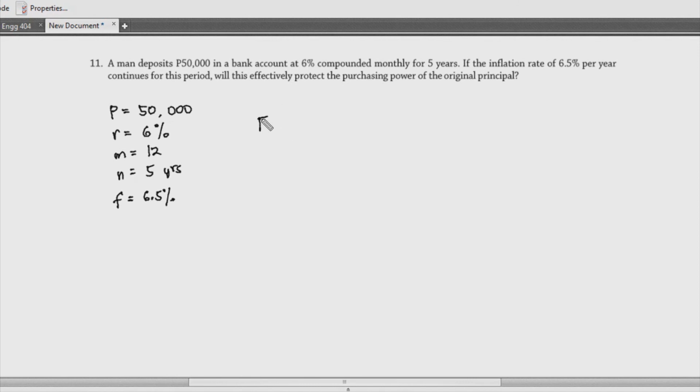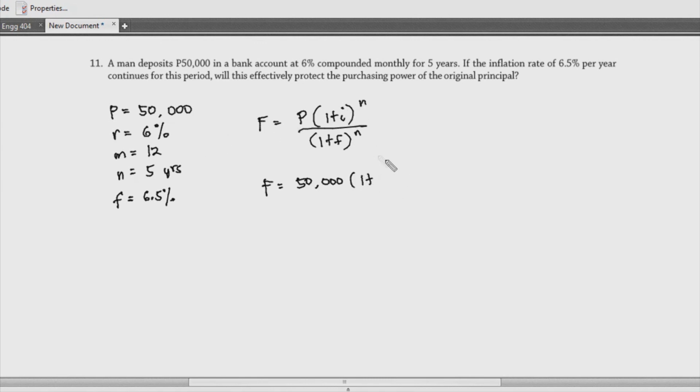Again, yung ating future worth is given by P times (1 plus i) raised to n, divided by (1 plus f) raised to n. Okay, this is the formula for your future worth given na meron tayong inflation. So, if that is the case, then we have the present worth, this is 50,000. Okay, and then 1 plus, ano ba yung ating i?